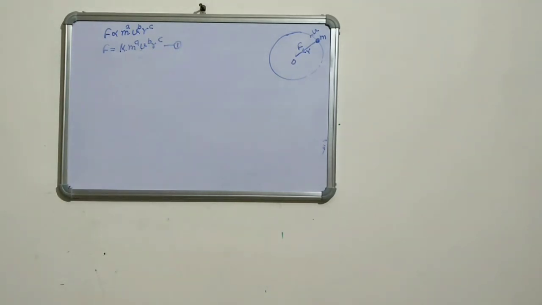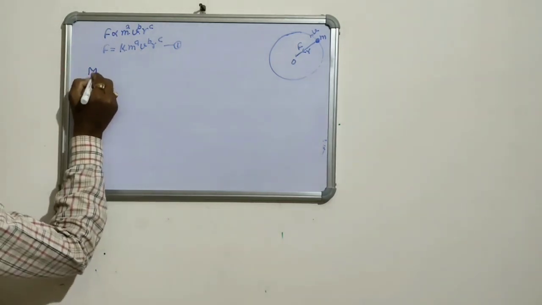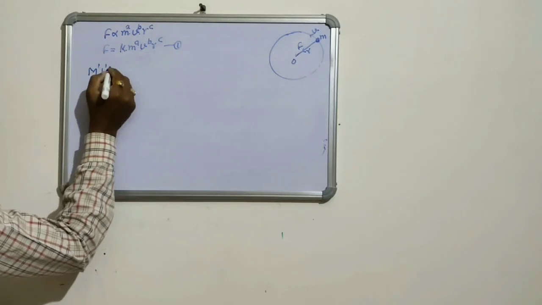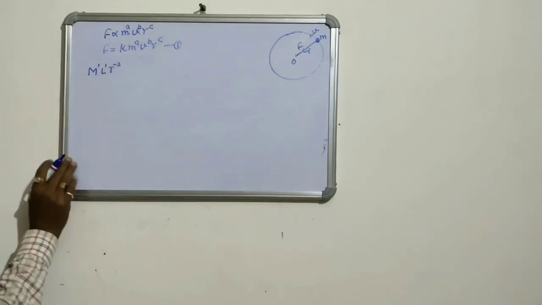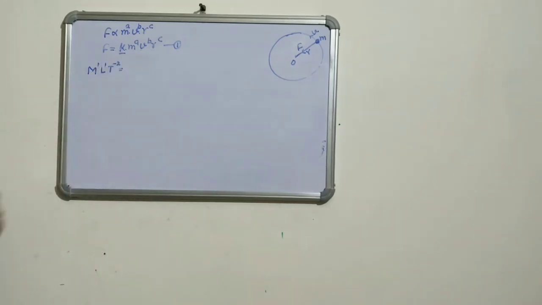Okay, now we put in the dimensional formulas. The dimensional formula of force is M1 L1 T^-2. Here K is a numerical constant, therefore it has no dimension.